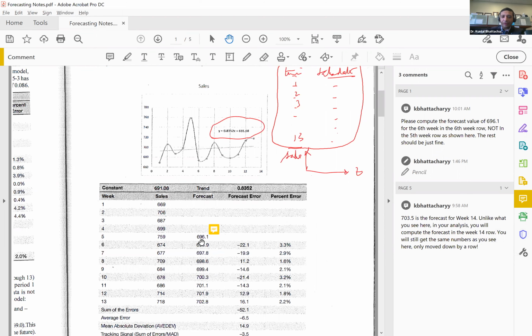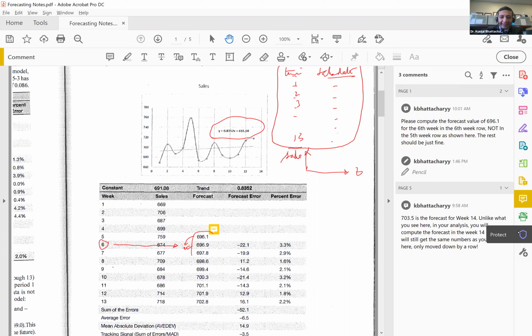When you compute the forecast, that 696.1 is actually the forecast in the 6th week. So I want you to put that value in the 6th week row.